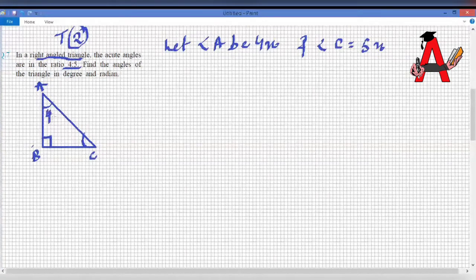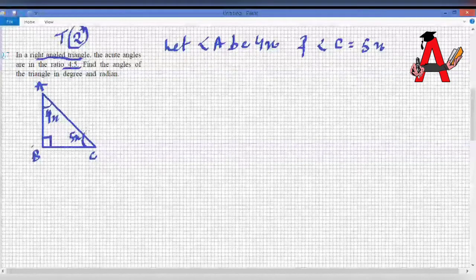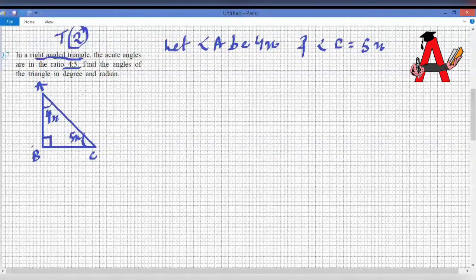So I can take this as 4x and this as 5x.